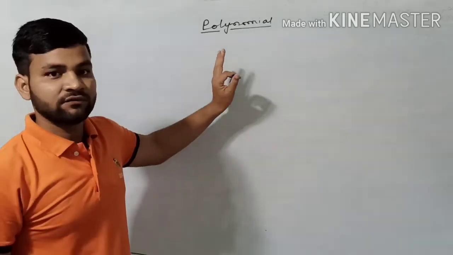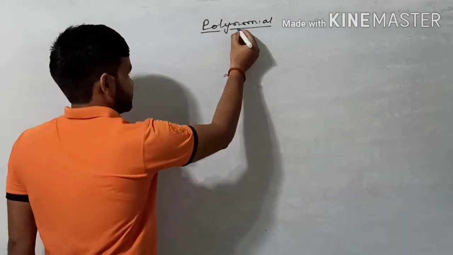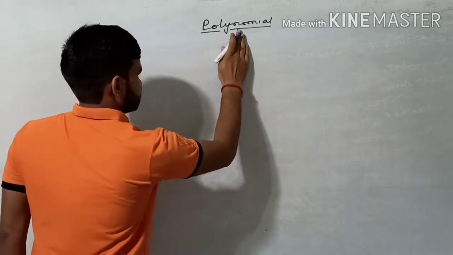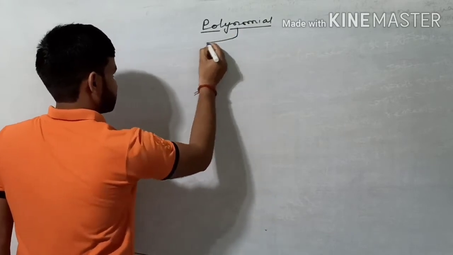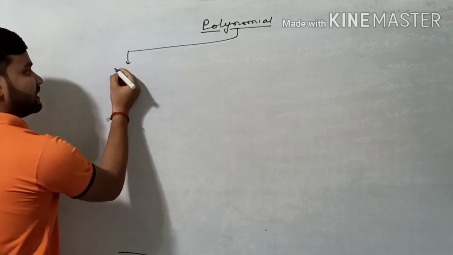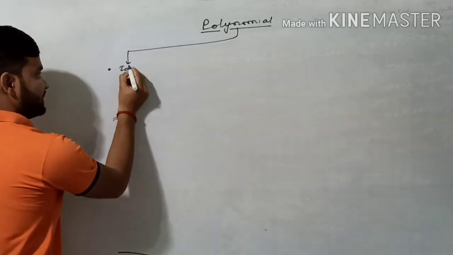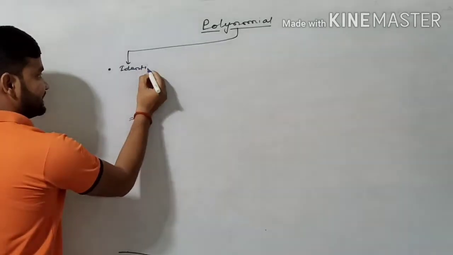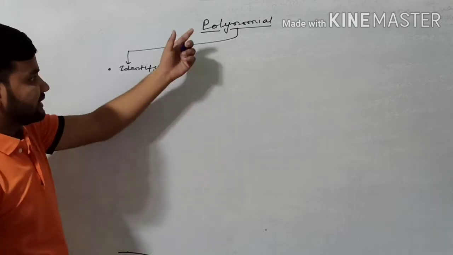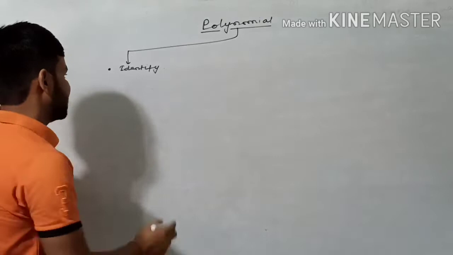Mainly we cover the following parts of the polynomial, in which the first part is identification. That means how we identify that a given mathematical problem is related to polynomial, or that an expression is a polynomial.